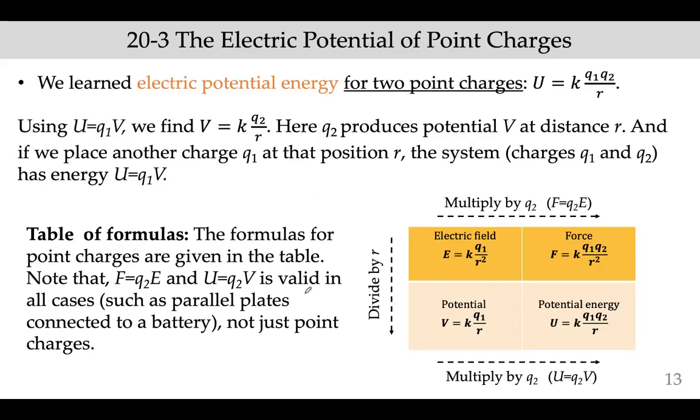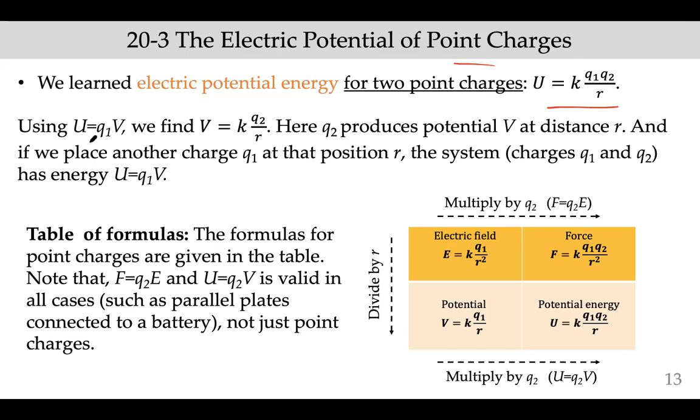Okay, so now let's talk about the electric potential of point charges. We learned electric potential energy, or we just call it potential energy for short, for 2 point charges. We learned it was this formula.